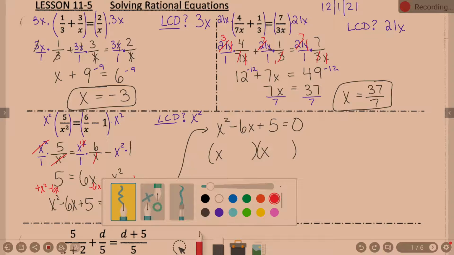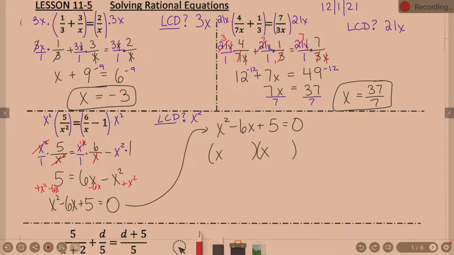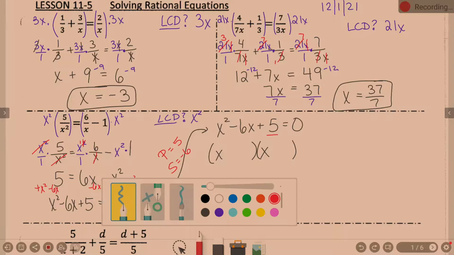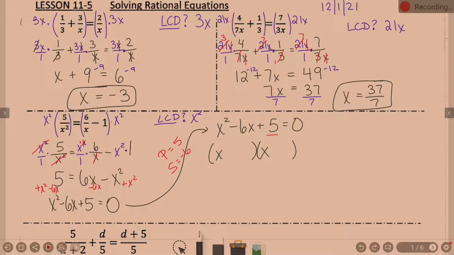And then in terms of numbers, we need numbers that give us a positive product of 5 and a sum of negative 6. So what multiplies to be 5 and then adds to be negative 6? If you think about it, the only thing that's going to multiply to be 5 is 1 and 5, right? There's no other option. If we want to multiply to be positive, they both have to be the same sign. So if they're adding to be negative, they're both negative.